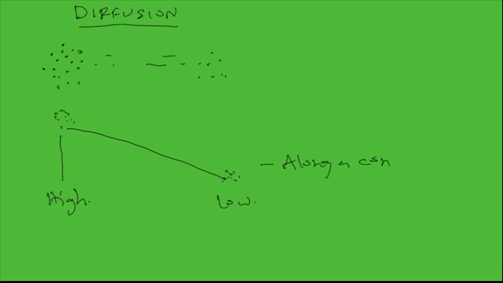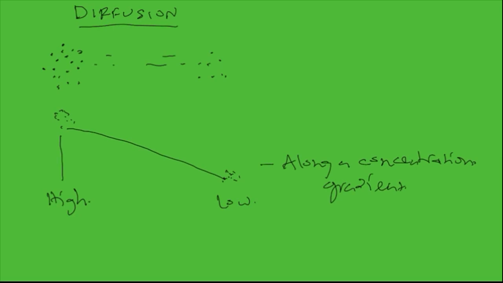It is similar to particles moving down a gradient, that is, from a region of high concentration to a region of low concentration along a concentration gradient. So diffusion is moving along a concentration gradient.